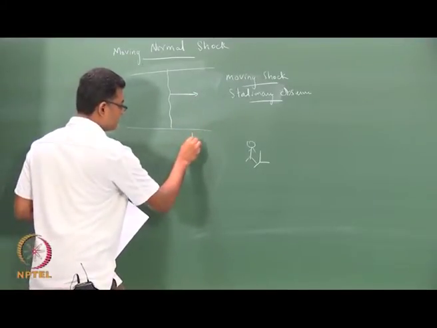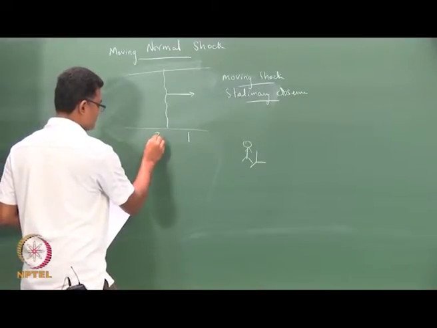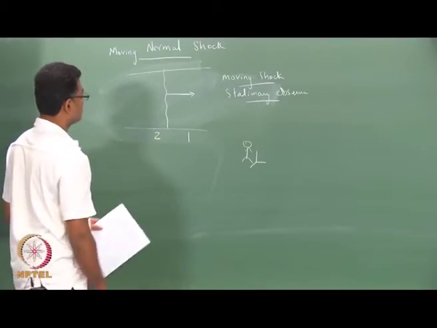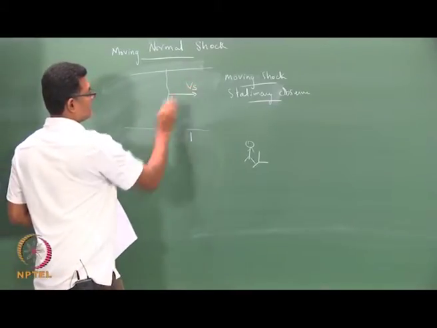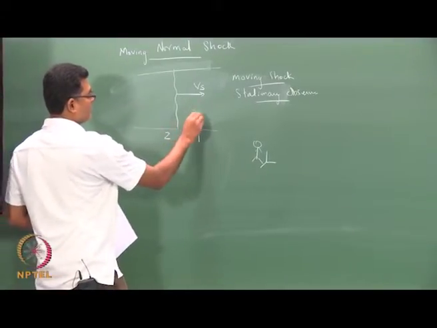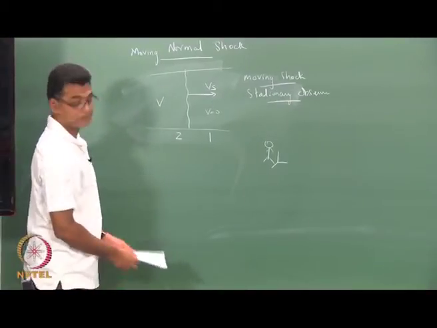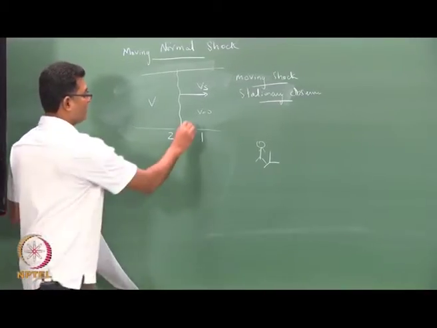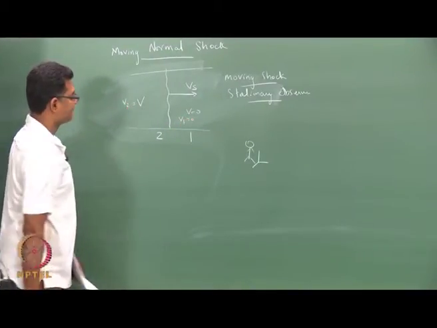Any location before the shock is 1, any location after the shock is 2. As soon as the shock hits the point, the velocity here would change from 0 to some value. So, V1 is 0 here, V2 is V.